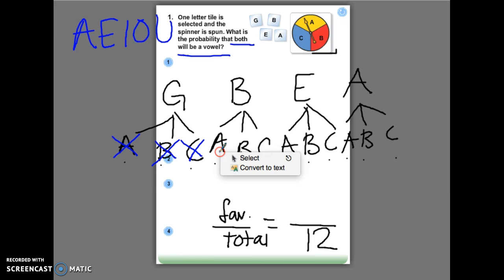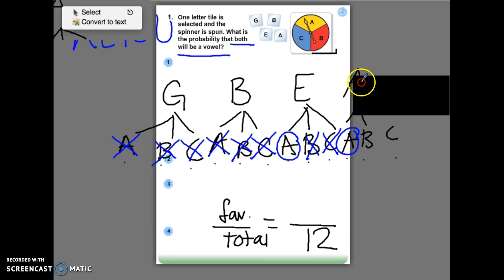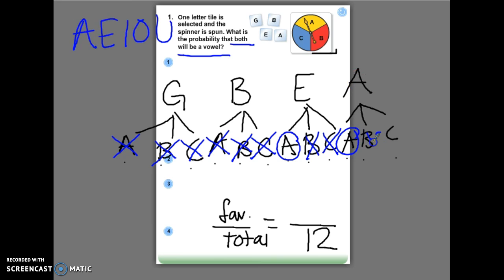A is a vowel, but B is not, so this does not work. That does not work. A is a vowel, and E is a vowel, so that one works. B is not a vowel, C is not a vowel. A is a vowel, and A is a vowel, so that one works. But B is not a vowel, and C is not a vowel. So I have two options out of my 12 total options where they're both vowels.